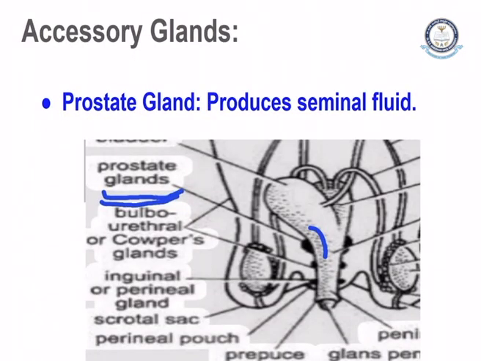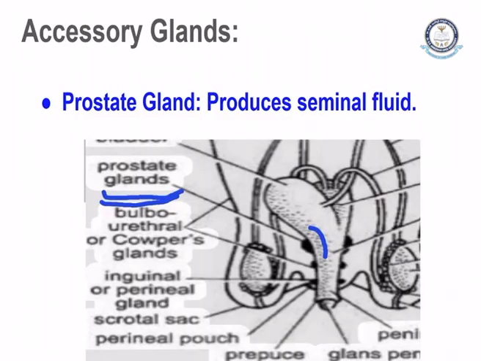So we have understood the important components of the male reproductive system, starting from the testis, scrotal sacs, epididymis, and vas deferens. Then we have also discussed the urethra and finally the penis.